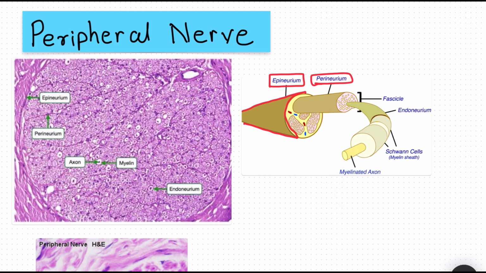This entire nerve is a bunch of fascicles, and these fascicles are surrounded by perineurium, and inside the fascicle there are multiple axons, and these axons are surrounded by myelin sheath, Schwann cells. Schwann cells are again covered by endoneurium.